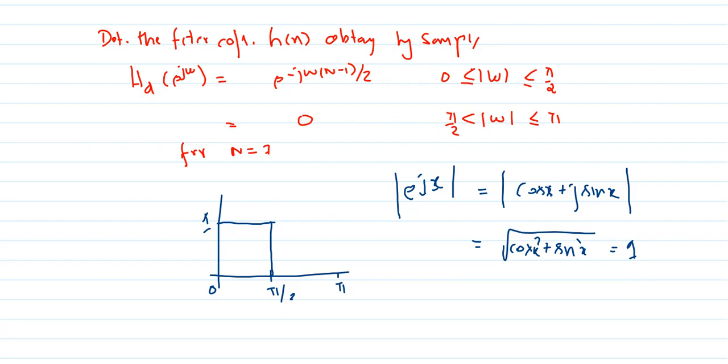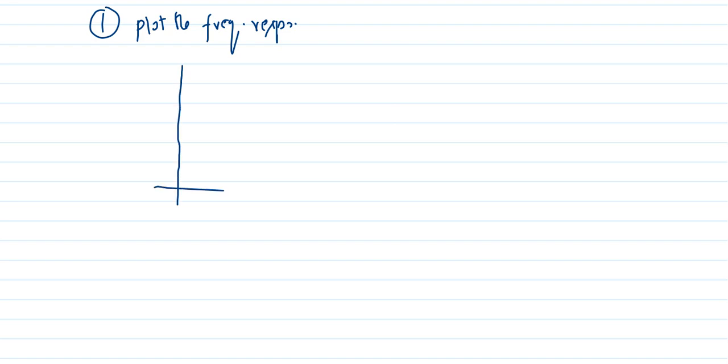Fine. Now step 1 is to first plot the frequency response. We'll always plot from 0 to 2 pi. So this is my pi by 2.